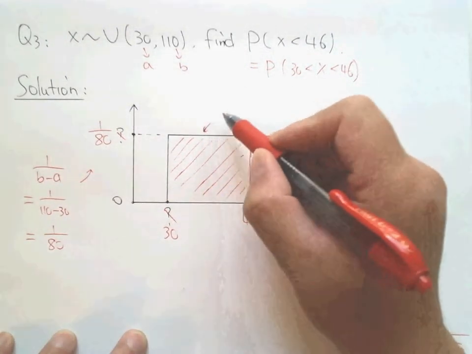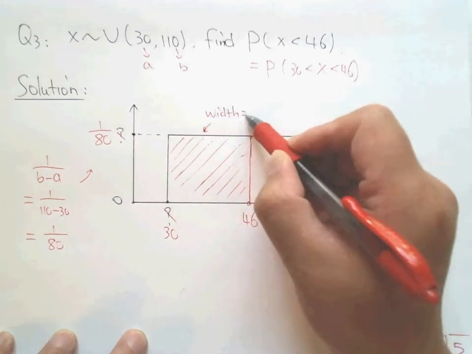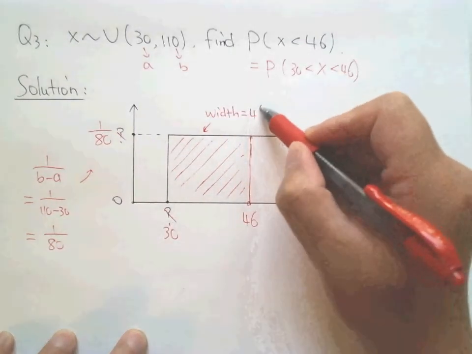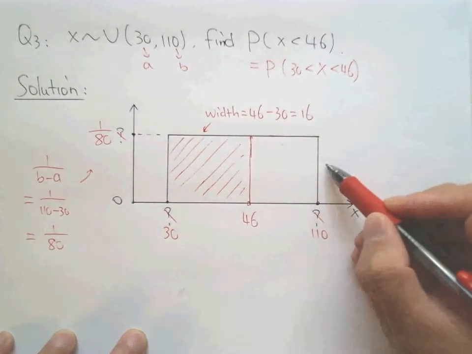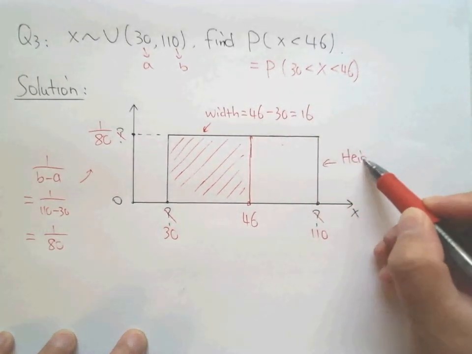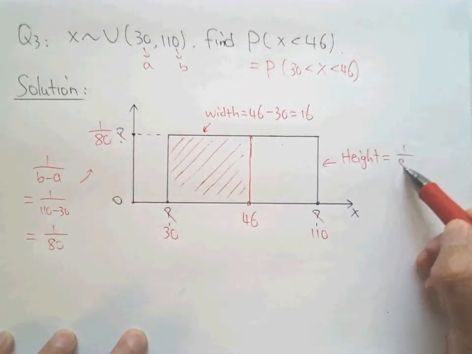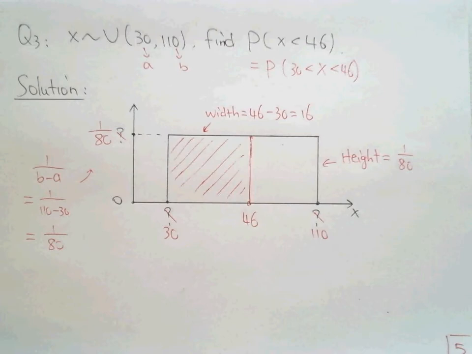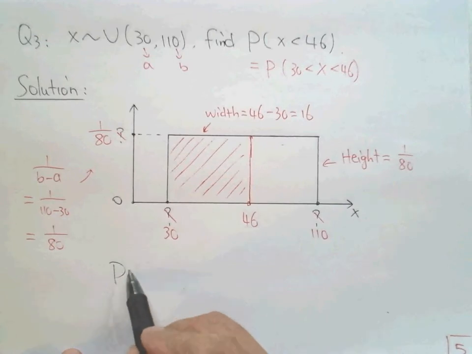Can you see? So this is the second step. The third step, we just find the area. So what is the width? The width is 46 minus 30, which is 16. What is the height? I put the height here. The height is the original number, 1 out of 80, and then you know the probability.